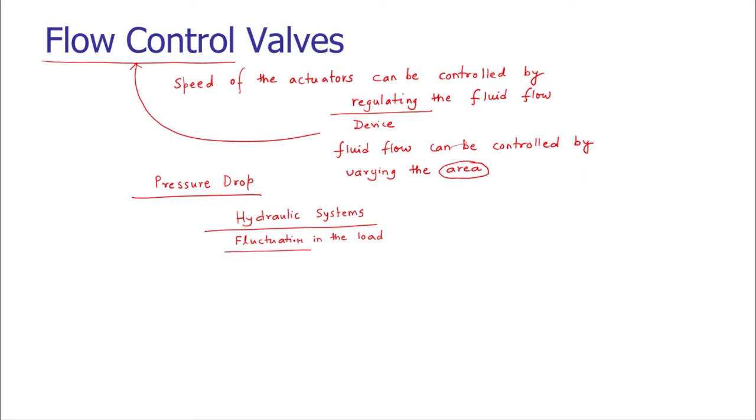Sometimes we have higher load, sometimes the load is less. However, the inlet pressure is constant. The pump is giving the fluid at a constant pressure, but the outlet pressure may be different. The inlet pressure is constant, whereas the outlet pressure is varying.